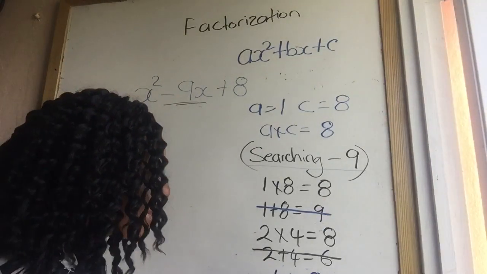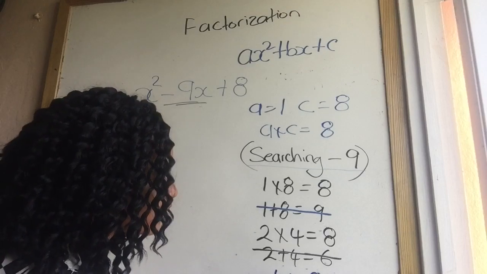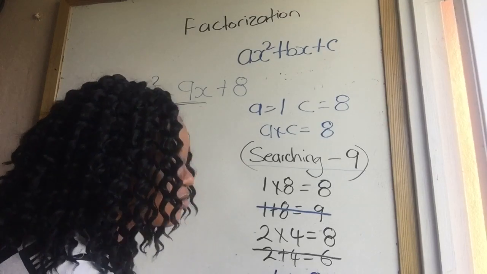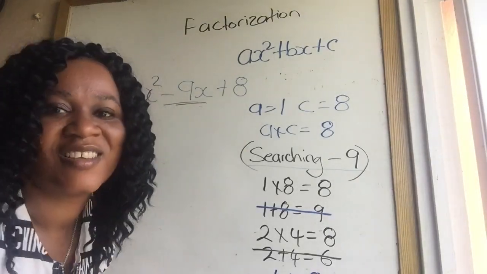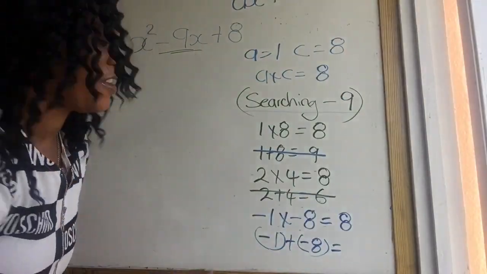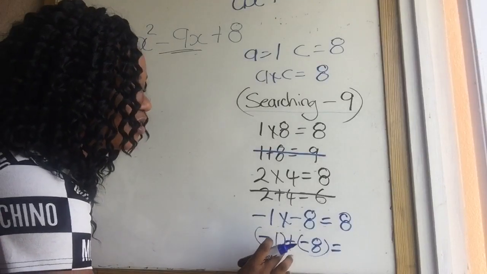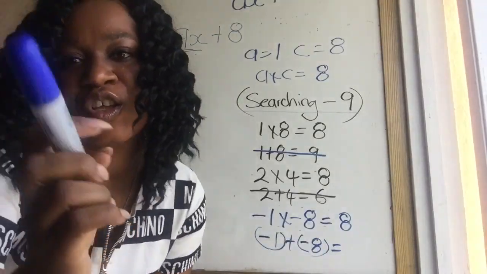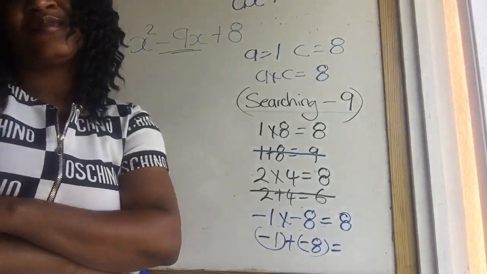Now, if I add negative 1 plus negative 8, that is equal to what? Oopsie. Sorry, guys. So if I add negative 1 plus negative 8, listen, don't be fooled.